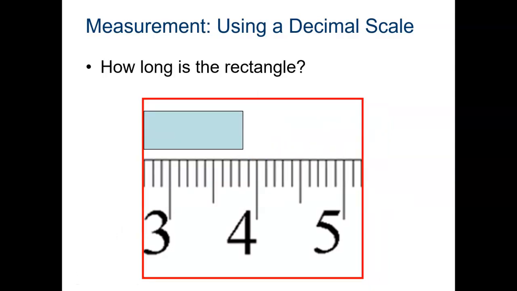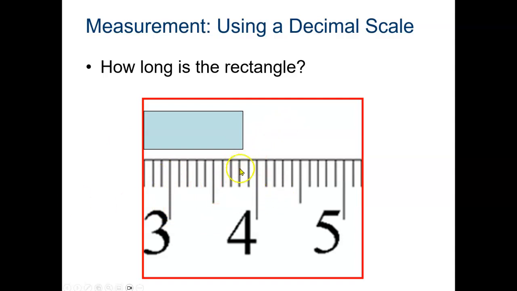So you can tell that the length of the rectangle is between the 3 and the 4. And because the scale is incremented in millimeters, you can also be certain that the measurement is between 3.8 and 3.9. So you're certain that the first digit after the decimal, the tenths place, is definitely an 8. So this would be 3.8 centimeters.